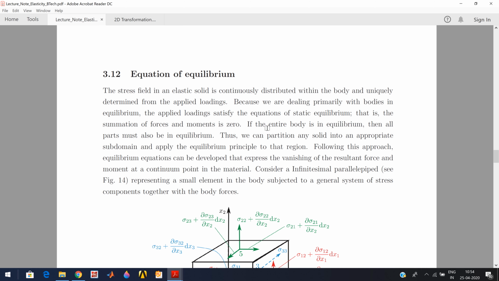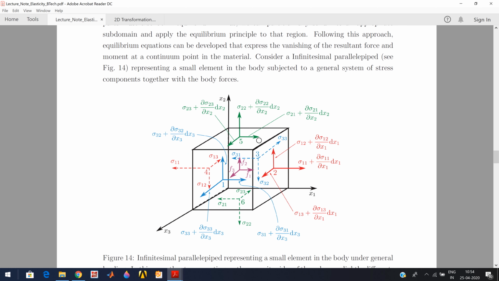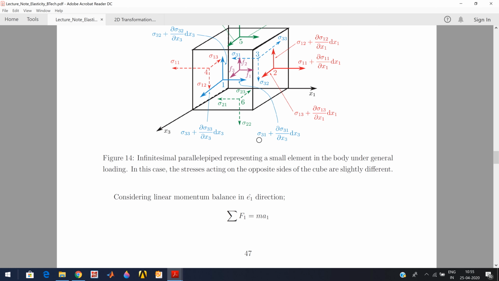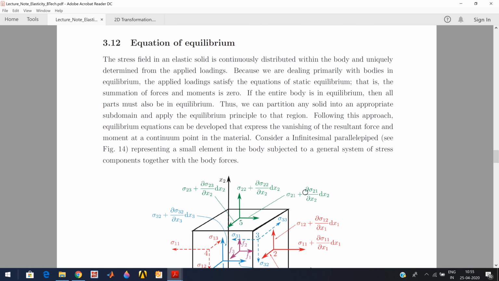So here you can see that if we consider the static case, and even for dynamics it will be applied, we have to consider two governing fundamental equations for equilibrium.